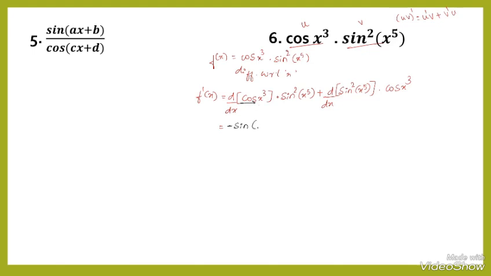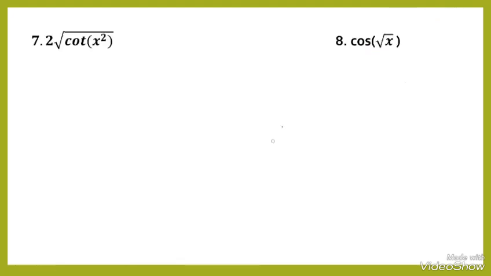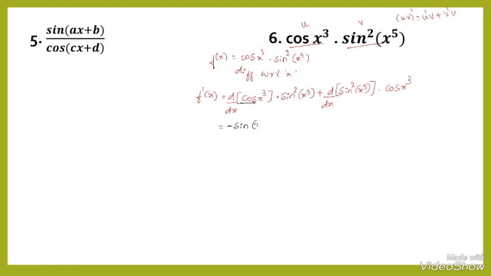Here in place of x we have x cube, that's why I have written x cube, and again I will take the differentiation because there is no plain x, and keep sine square x to the power 5 constant, plus, now here there is a sine square, so there is a power, that's why I am taking 2 into sine of x to the power 5.